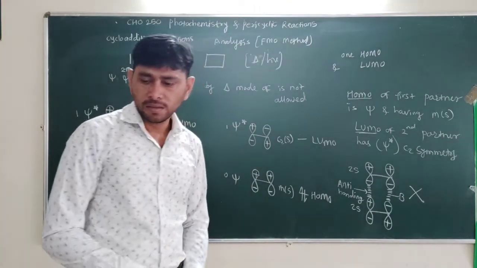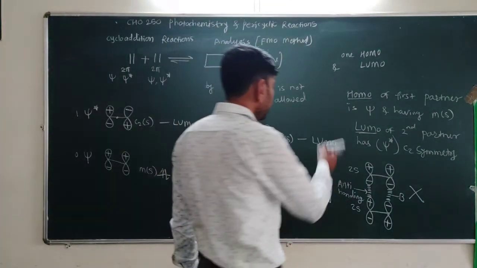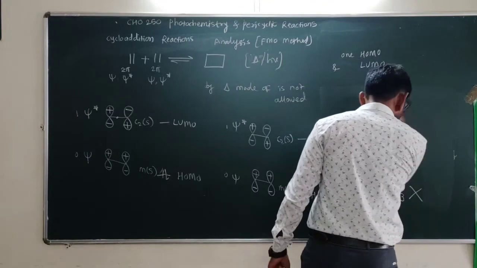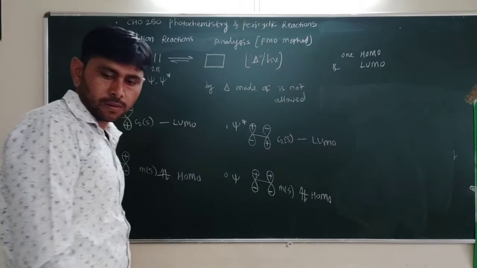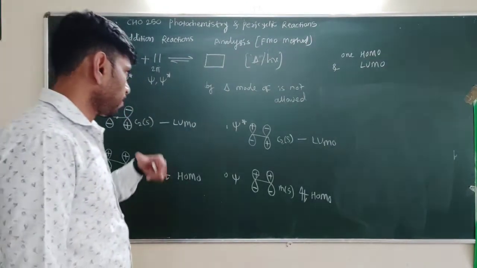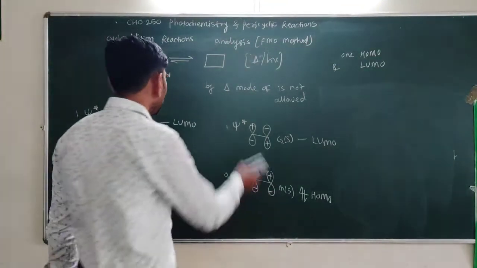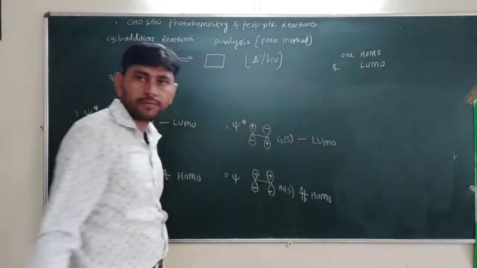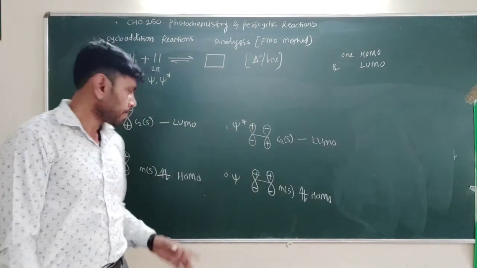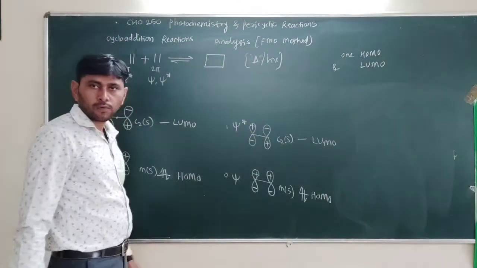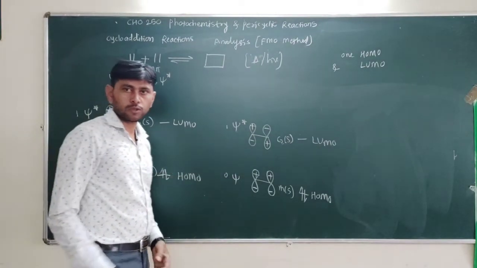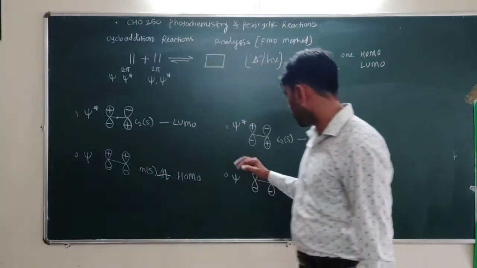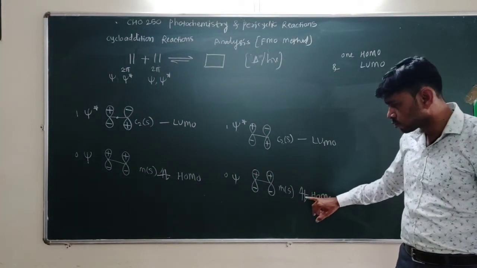Okay, let's see the photochemical activation. Now in the photochemical activation, when we apply the photochemical mode, or we activate this reaction by light, then what happens when light falls on this ethylene molecule? Some of the molecules, not all molecules, but some of the molecules of ethylene show excitation.